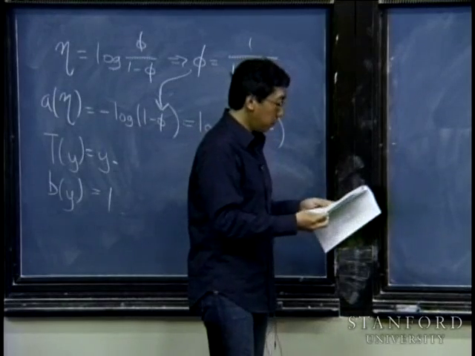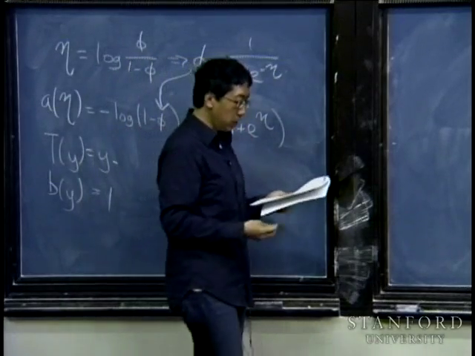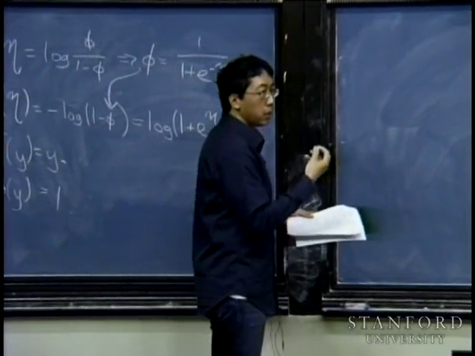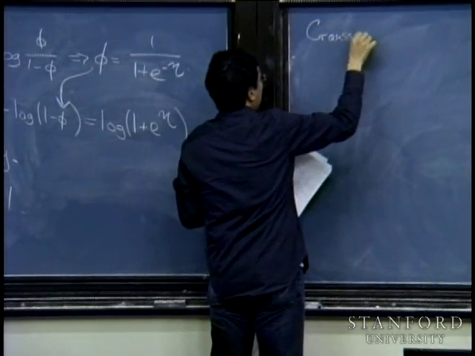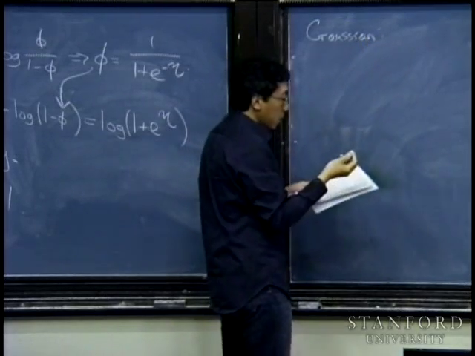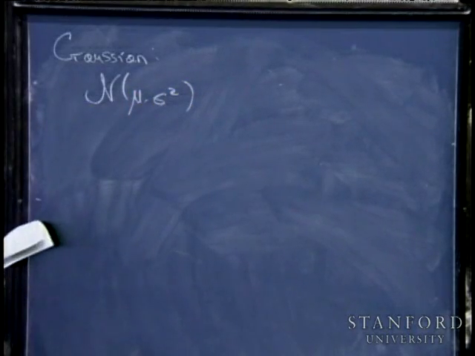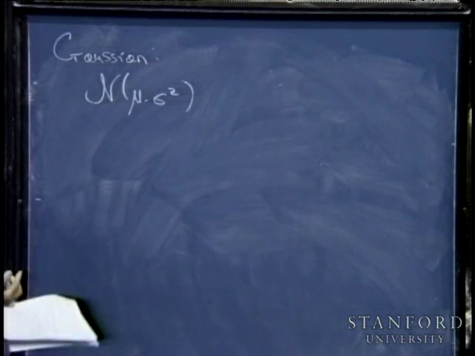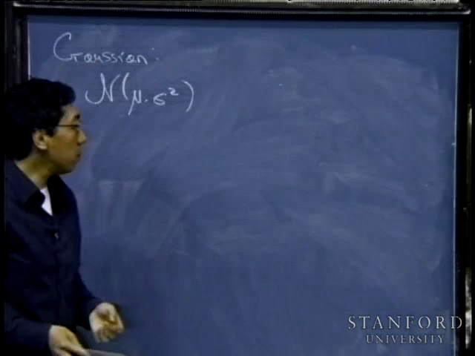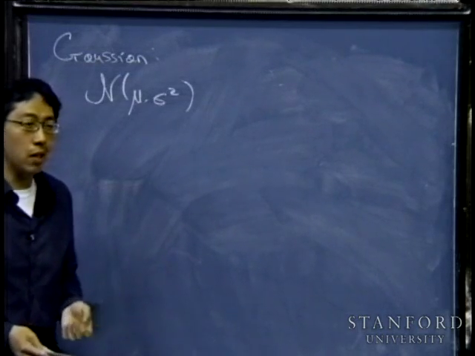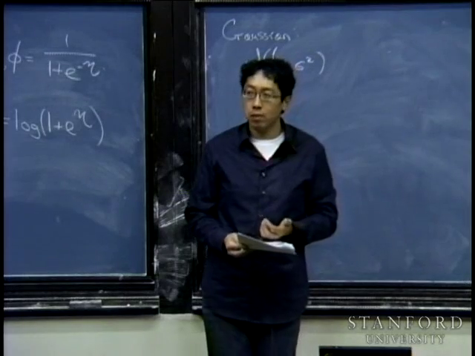Let me now also, so this takes a Bernoulli distribution and writes it in the form of an exponential family distribution. Let me also do that very quickly for the Gaussian. I won't do the algebra for the Gaussian, but I'll basically just write out the answer. So, with a normal distribution with mean mu and variance sigma squared. You remember, in the previous lecture, we were deriving the maximum likelihood estimate for the parameters of ordinary least squares.